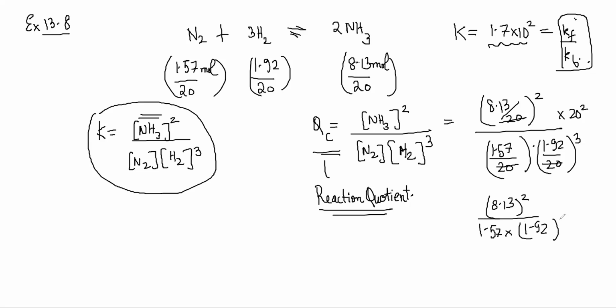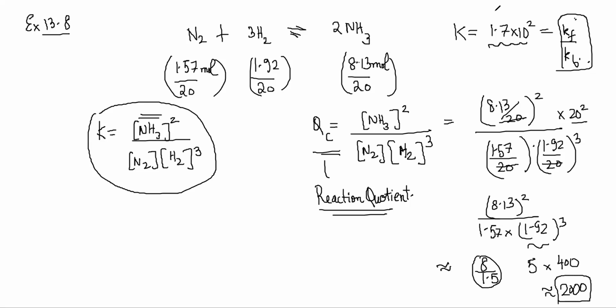Approximately, 8 squared is 64, and 8 by 1.5 is 16 by 3, so almost 5, and almost 5 into 400. So the reaction quotient is almost 2000.